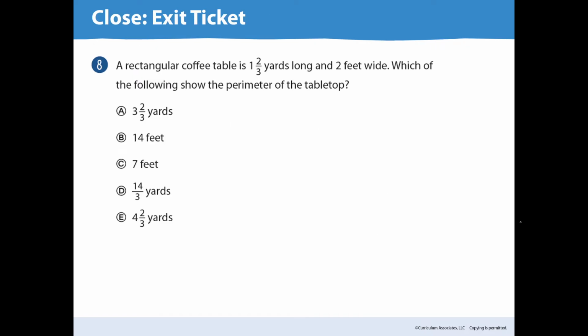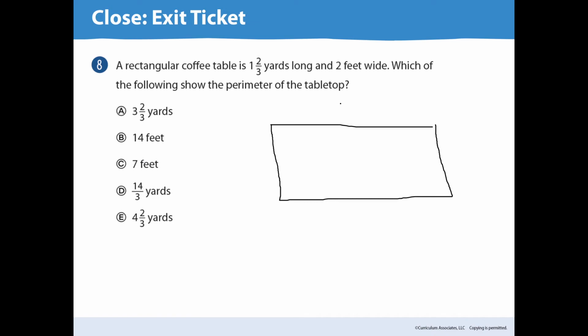Number 8, a rectangular coffee table is 1 2/3 yards long and 2 feet wide. Which of the following show the perimeter of the tabletop? If we convert these both to yards, let's see, I'm going to draw my tabletop here. There we go.